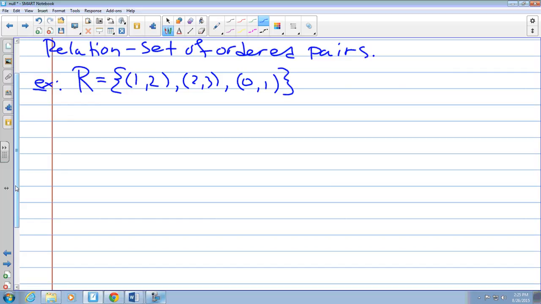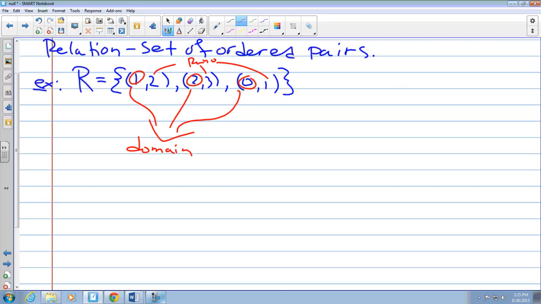So these numbers right here, they form a domain of a relation, and those numbers are called the range of a relation.